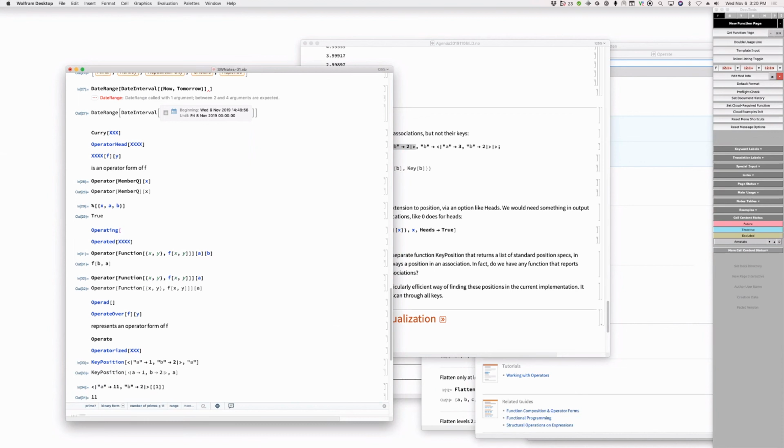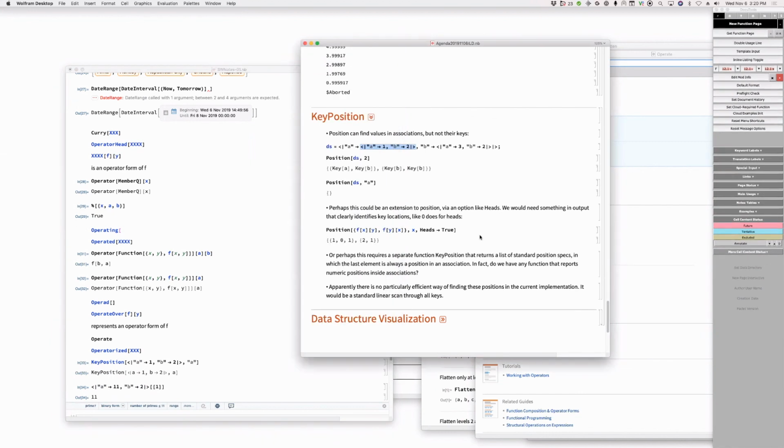But key position, would that work on a nested association as well? I don't think so. I mean, associations in general are not addressable when they are nested, right? Even lookup. How do you do a lookup of associations that are nested?